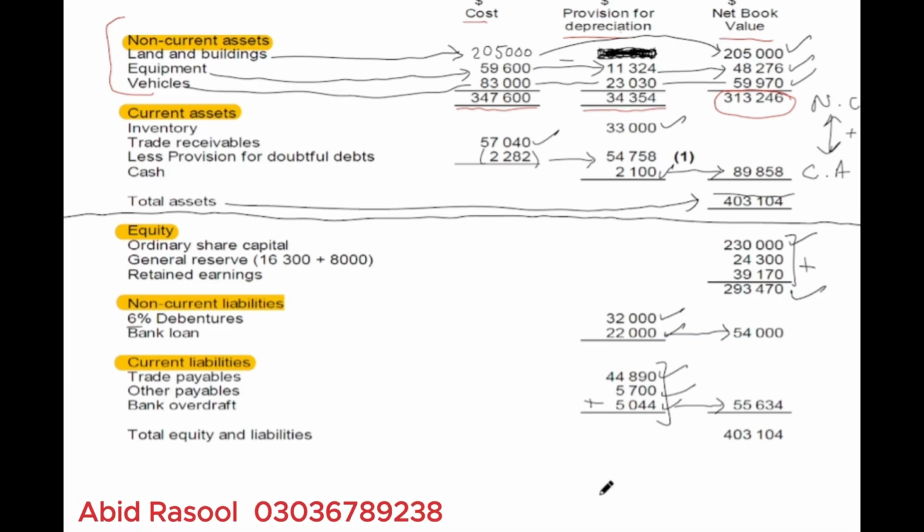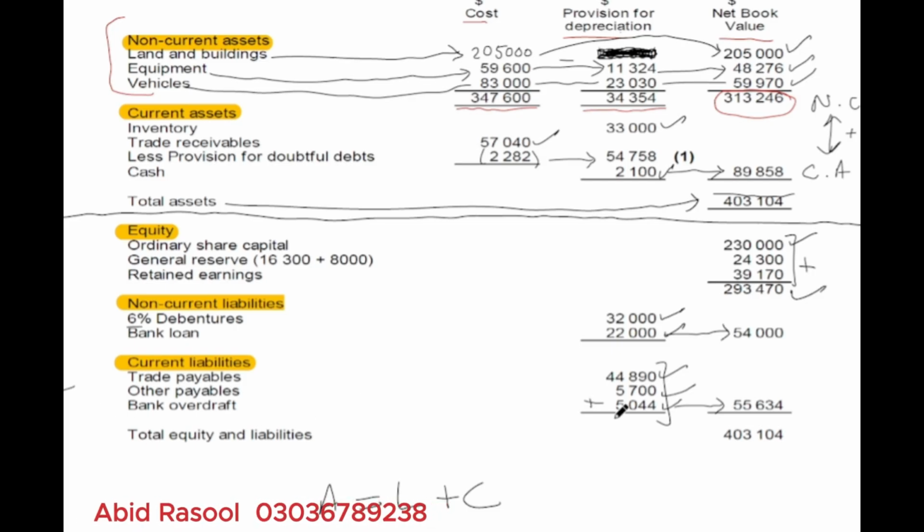You already know that these two parts have equal totals on both sides. Here our assets equal liabilities plus capital. Our accounting equation holds here also. This is the asset section, and this is the capital plus liability section.